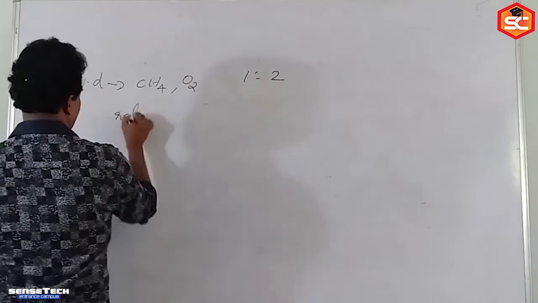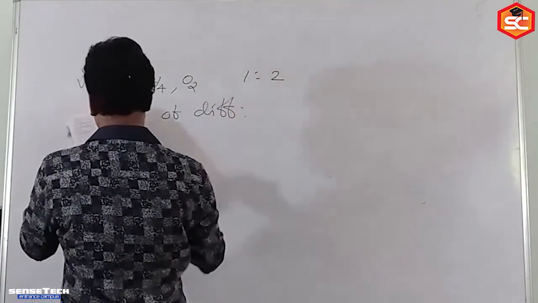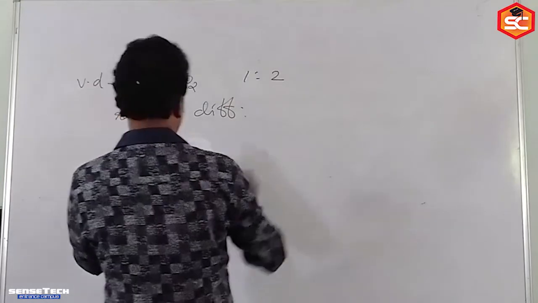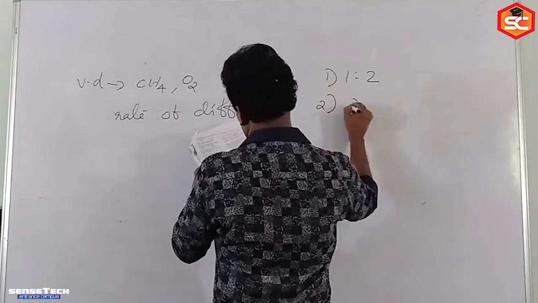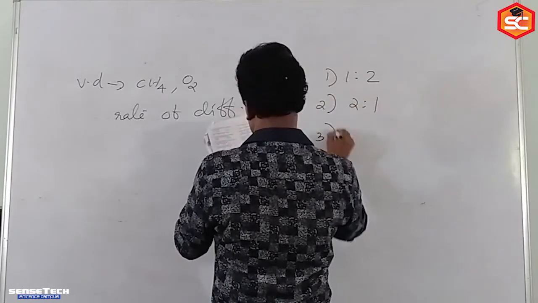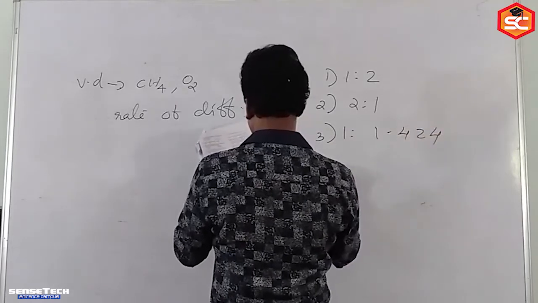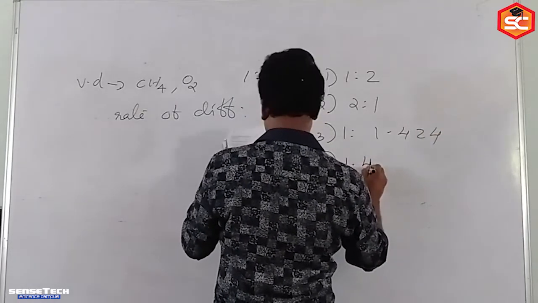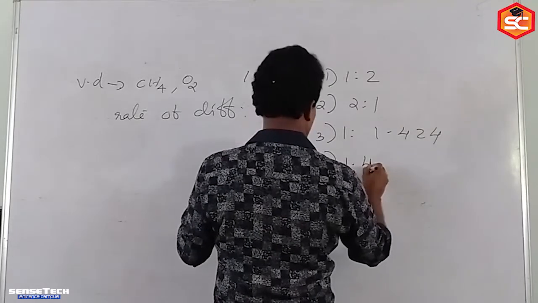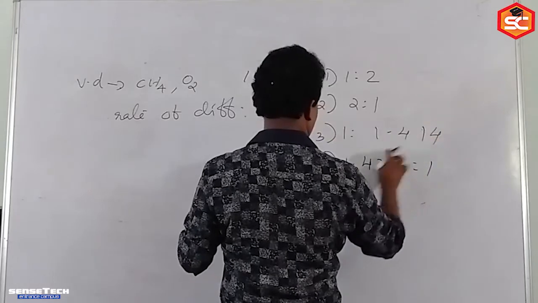The options for the rate of diffusion ratio are 1:2, 2:1, 1:1.424 and 1.424:1.